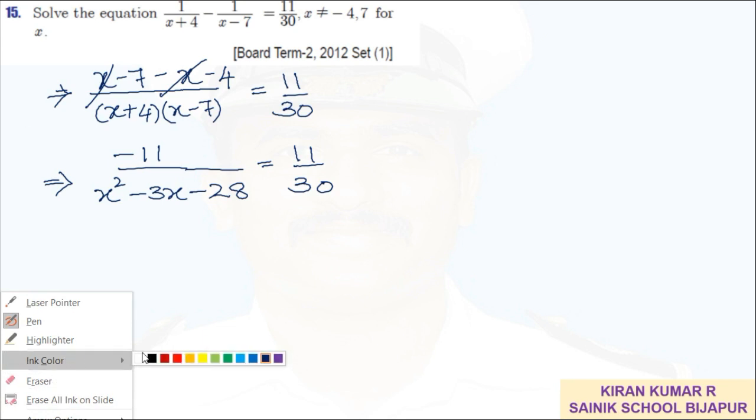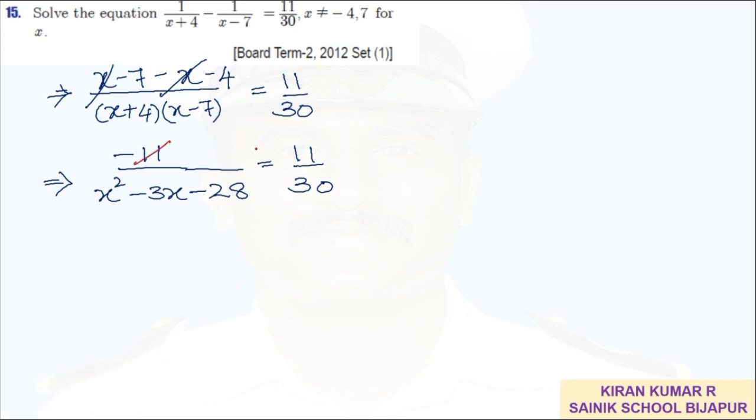Observe, on both sides in the numerator there is 11. I can cancel that. Now if you cross multiply, we would get x square minus 3x minus 28 equal to minus 30.